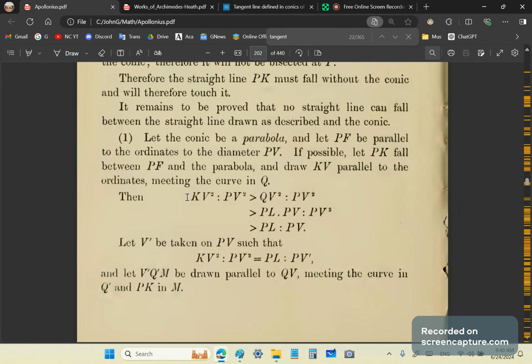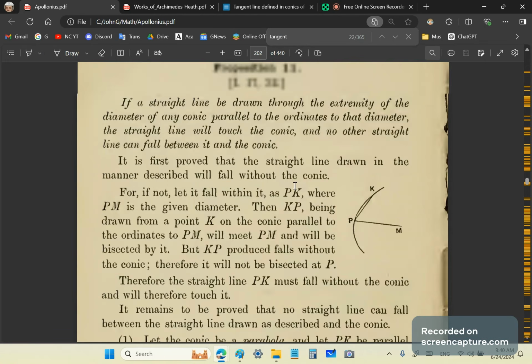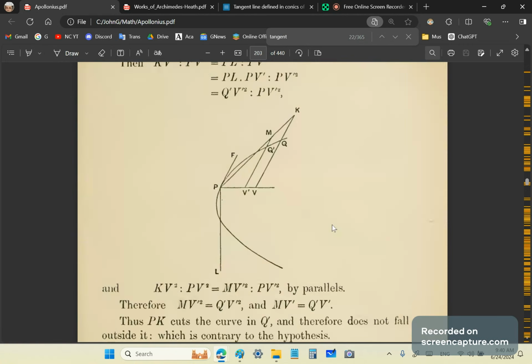But now, how did he get this expression here? It's pretty interesting, isn't it? He writes that the measure of KV squared to PV squared is greater than QV squared to PV squared. How does he get to that conclusion? Well, let's look at the diagram.